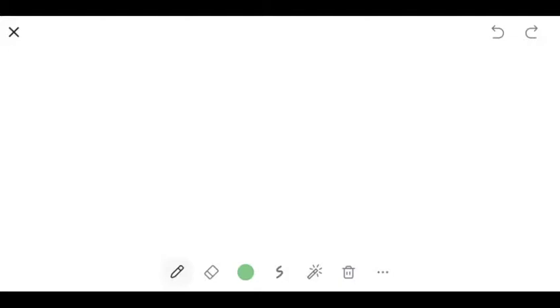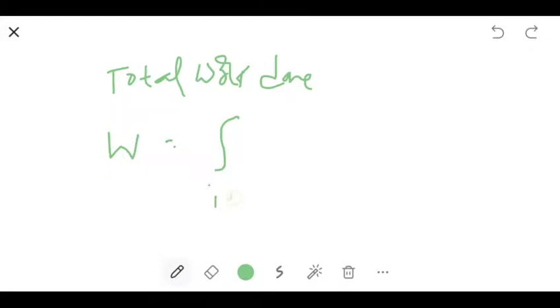Now what is the total work done in moving a charge from initial position to final position within the field? Total work done equals the integral from initial position to final position of the differential work done.